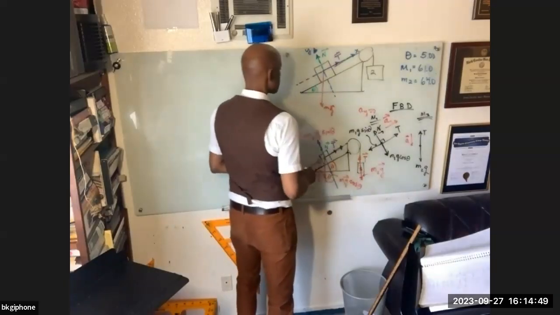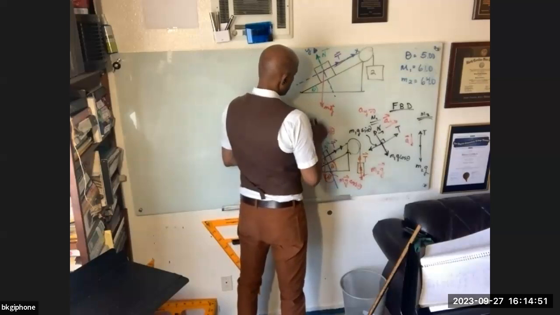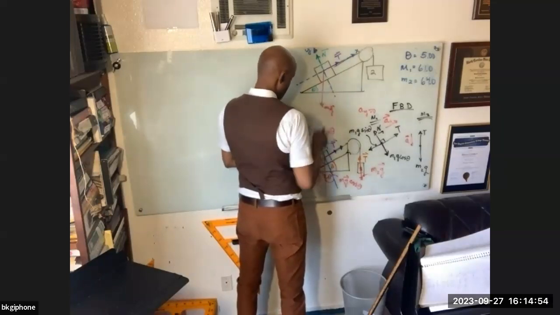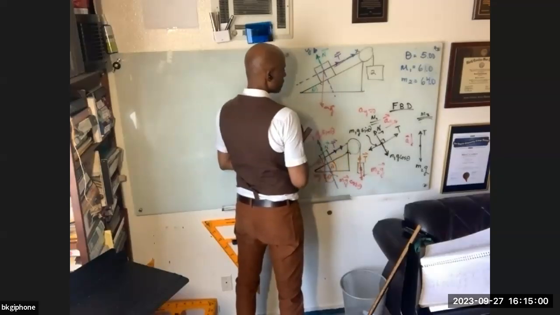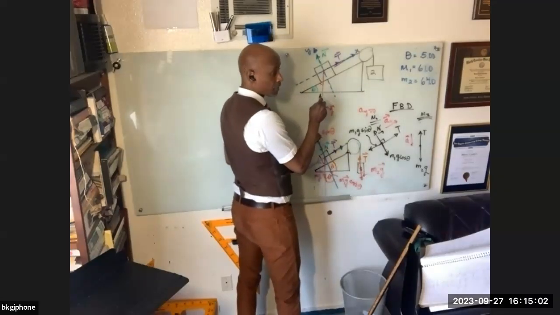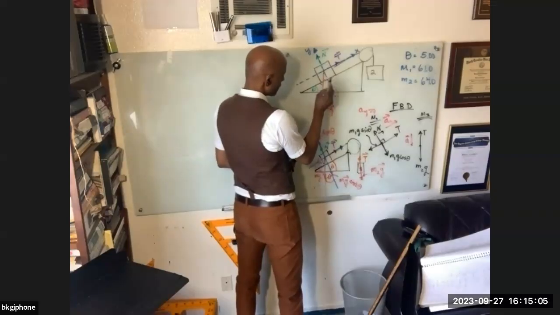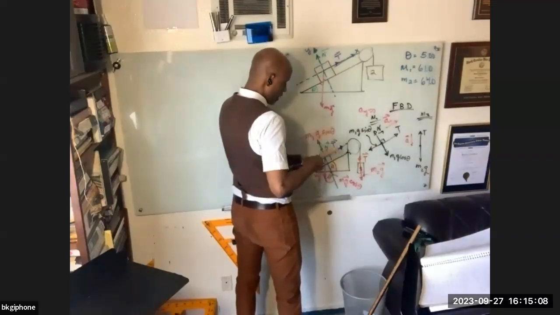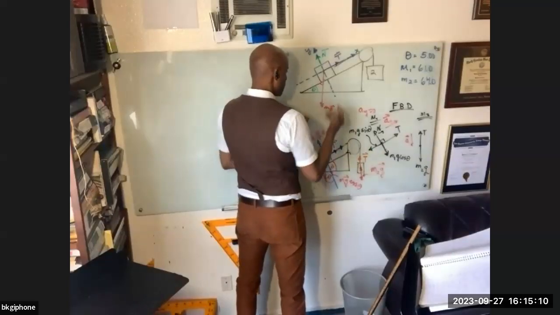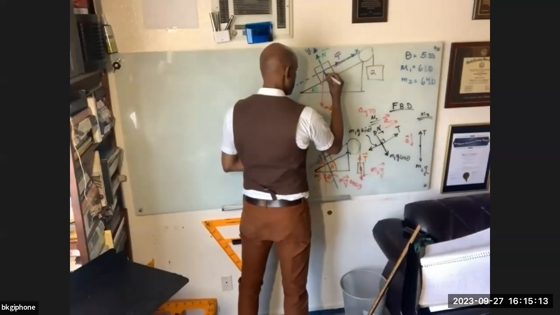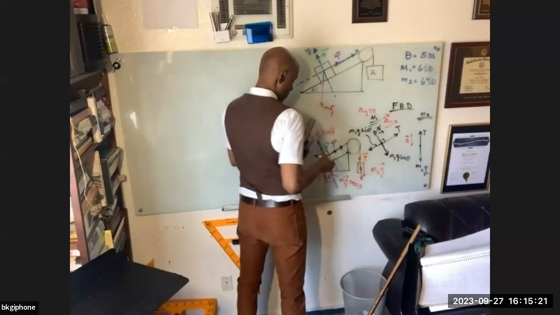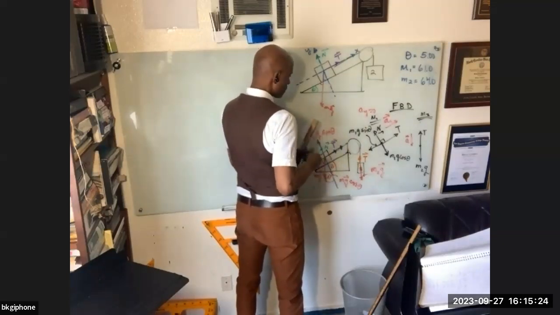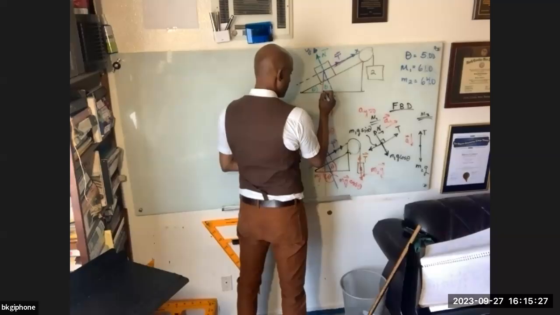But look at this. If that's theta, this thing right here is theta's complement. But that means that this is also theta's complement there. But I've got a right triangle right here. So that angle has got to be theta, which is this same big angle here. So if that's true, then this angle here is theta.